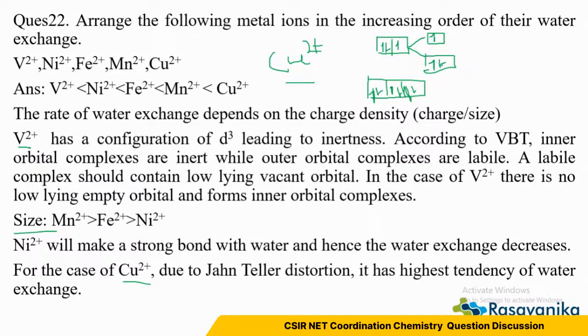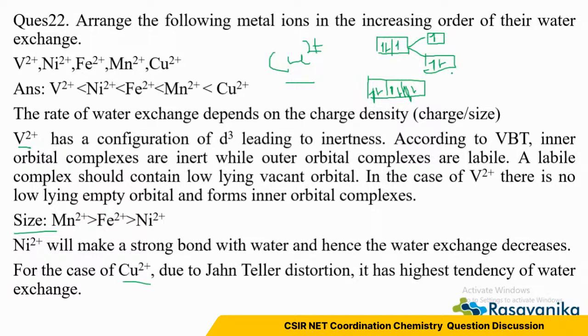Now in the tetragonal elongation, you can see that the two bonds along the axis, like the dz square, become weak. And for the case of tetragonal compression, four bonds become weak, right? Along the dx square minus y square.